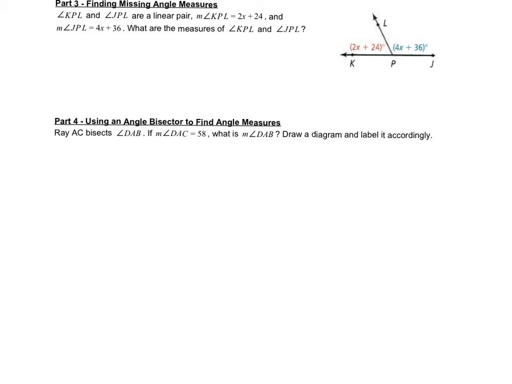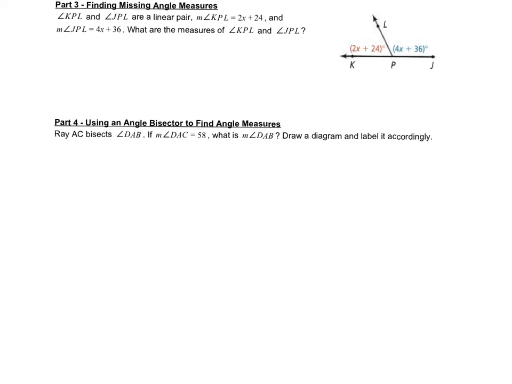So the first thing that we're going to do is set up an equation. We're going to add the expressions that are given to us, and set them equal to 180, because we know that KPJ is 180, and this angle and this angle make up 180.